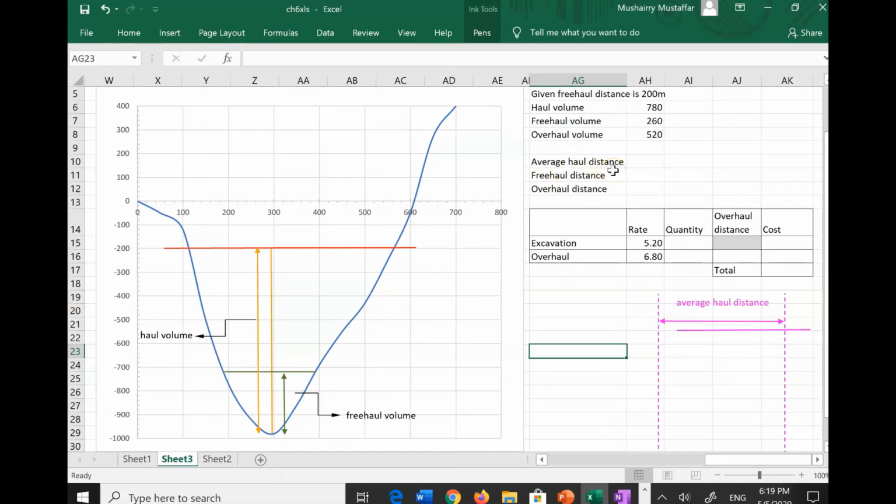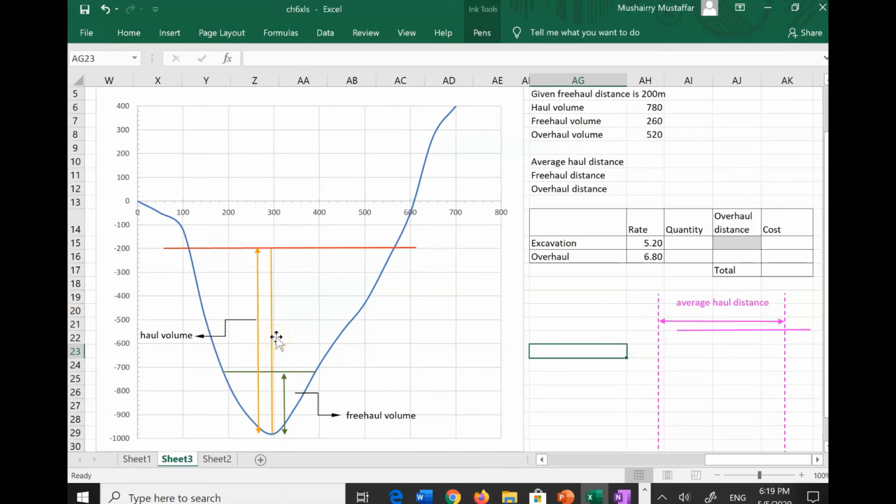To do that, we need to find the center of the total volume. By examination of the squares, maybe I've got 1, 2, 3, 4, 5, 6, 7, less than 8. So if I go 4, I'll be in between, 4 will be halfway.